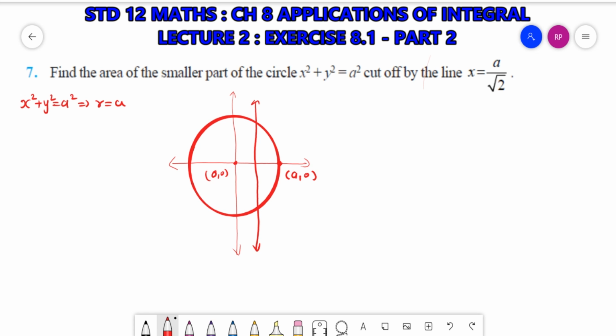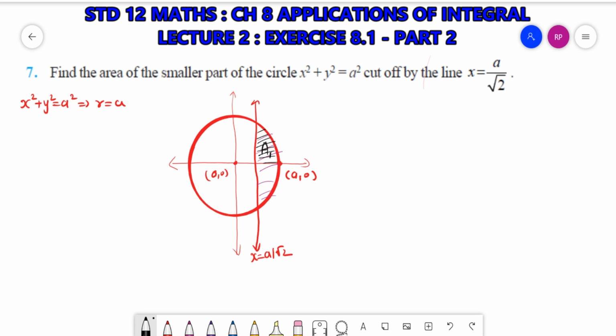Okay, this will be the line x equal to a by root 2. I want this much area. So what I will do, I will find out this shaded region A1. Because it is symmetric above and below, the total area will be twice.